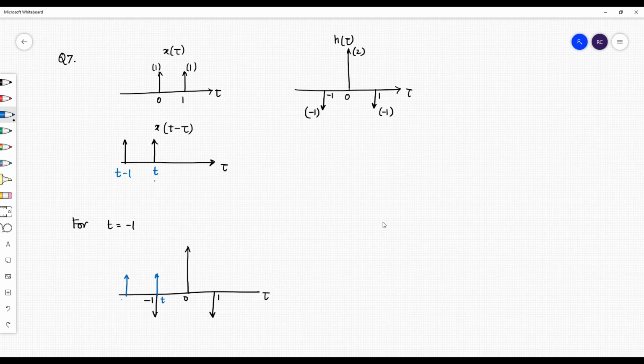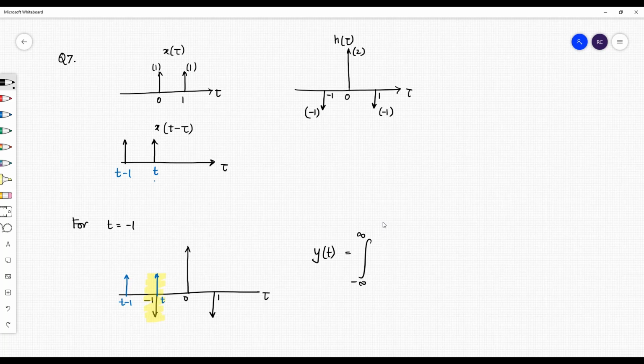This is t and this is t minus 1. So in this case, we can clearly see that only these two impulses are overlapping. That means in terms of integration, of course, I'll keep the limit as minus infinity to plus infinity, but we know that only these two impulses are being multiplied.